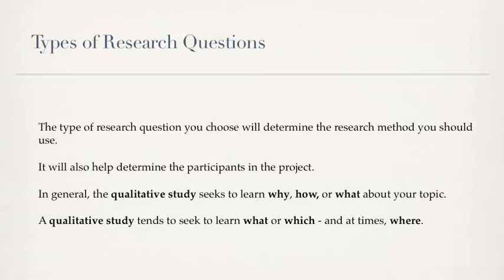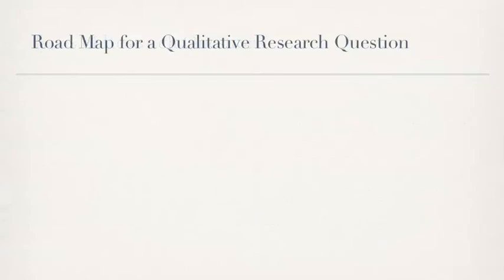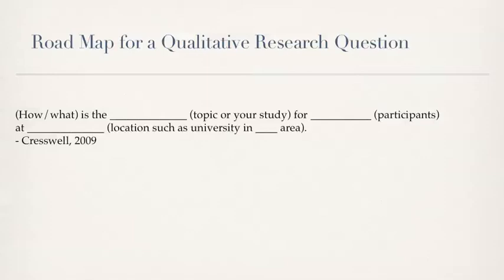Therefore, the research question should be directed at determining the what or the which of the research topic. To help explain that a little bit more, let me get you started on a research question, and let me give you a roadmap for qualitative and quantitative research questions. So first, the qualitative research method roadmap.